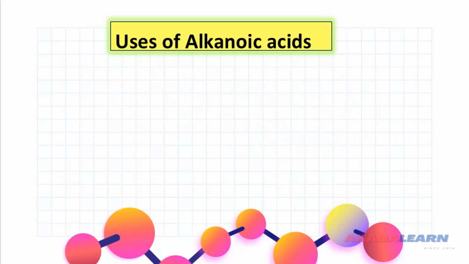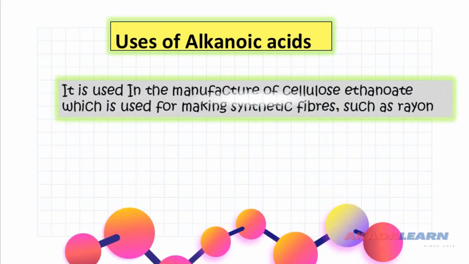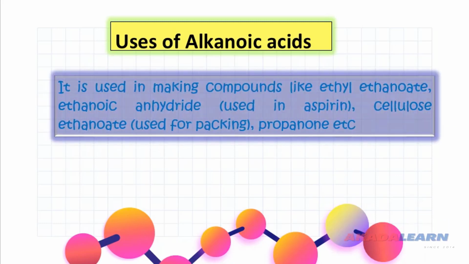They can also be used in the manufacture of cellulose ethanoate, which is used for making synthetic fibers such as rayon. Alkanoic acids are also used in making compounds like ethyl ethanoate, ethanoic anhydride, which is used in making aspirin, cellulose ethanoate, used for packaging materials, propanone, etc.